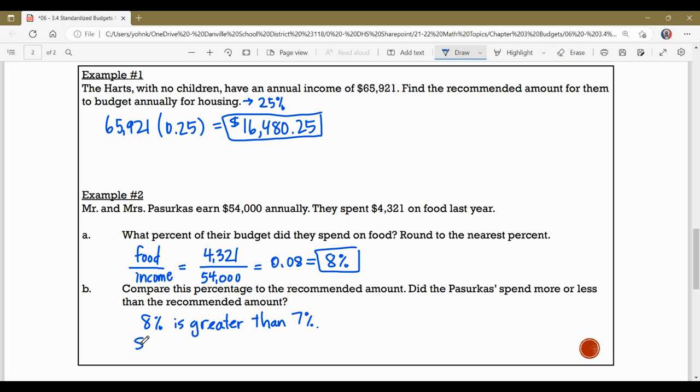So they spent more than the recommended amount. So you can find your own percentages and then compare them to the recommended percentages to see if you spent too much or if you can afford to spend a little bit more.